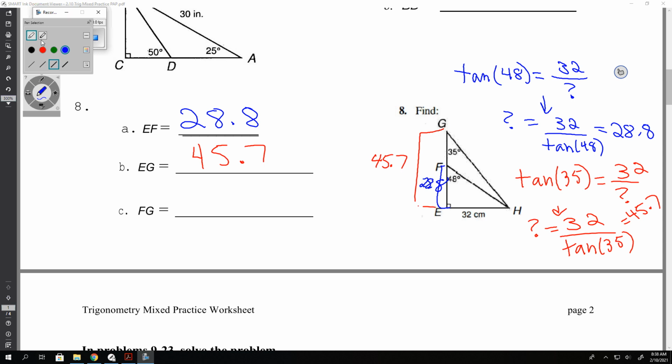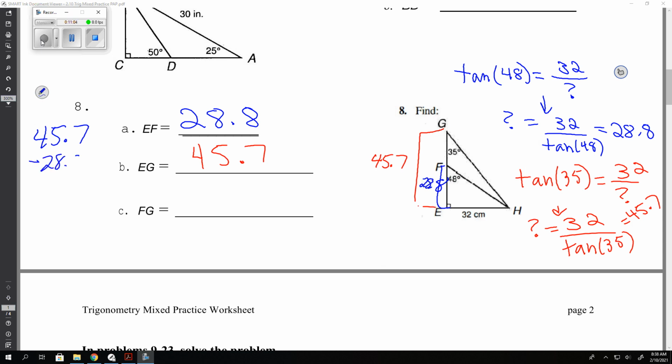We know the whole thing, we know one of the parts, we can subtract and find the other part. So just that: 45.7 take away 28.8. And then that's the answer for S. Oh, what is it? 16.9. Alright, very good. Excellent.